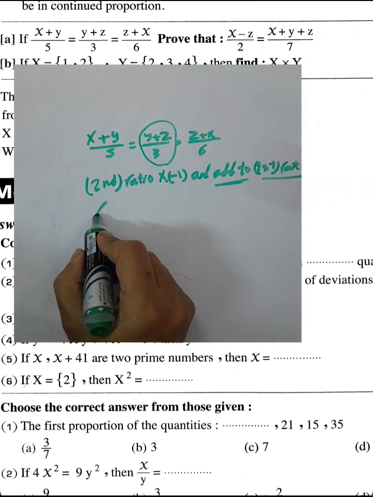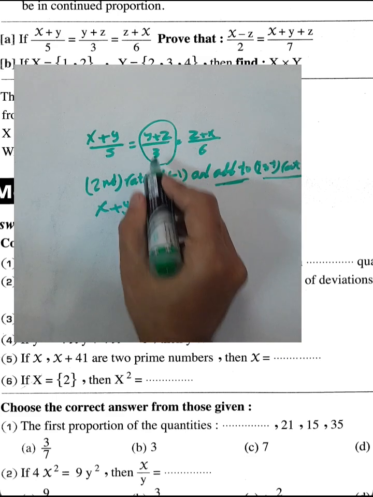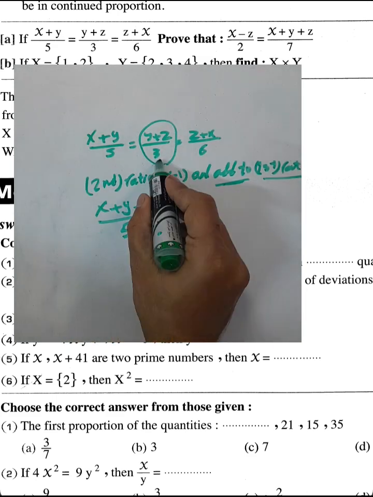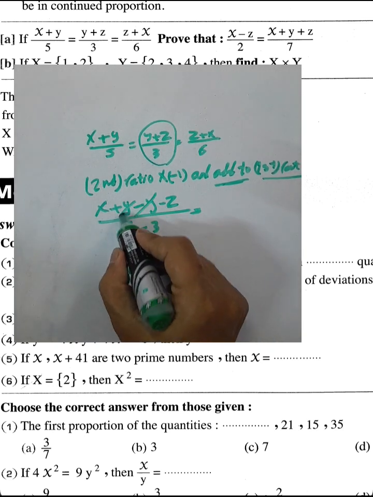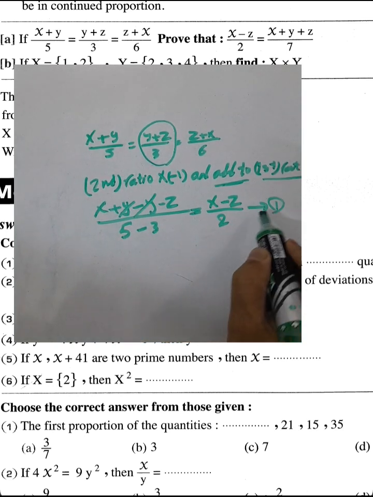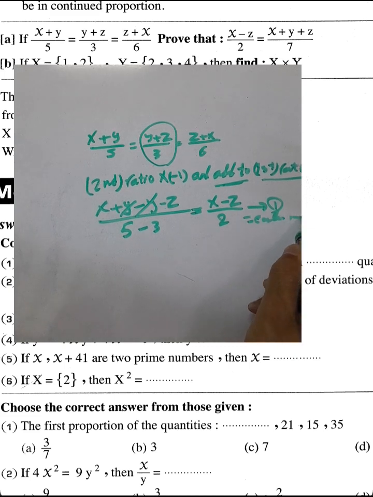Then we can write x plus y minus z and write 5 subtract 3. Cancel them, then the result will be x minus z over 2. It's relation number 1, equal to each one of the ratios.